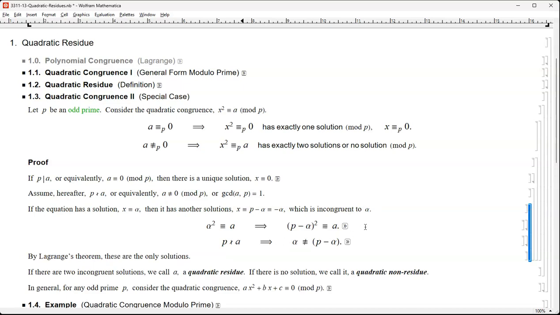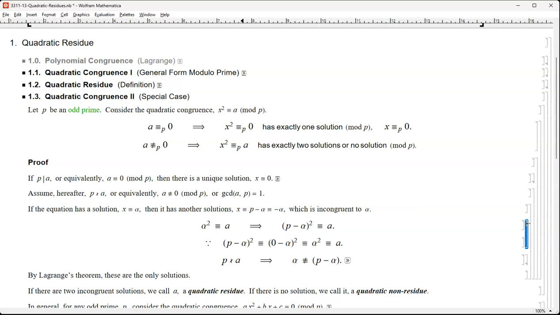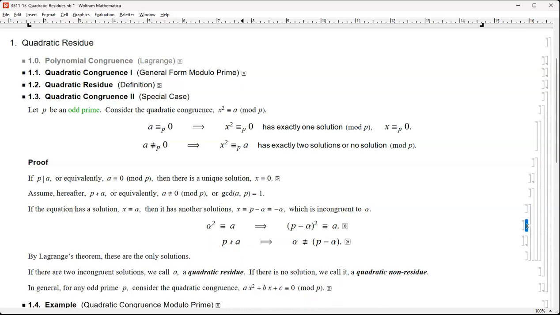Alpha squared is A, then P minus alpha is also a solution. Well, what is P minus alpha squared? Put 0 in place of P, so negative alpha squared. Oh, that's A. Negative 1 squared is 1, so no problem there.